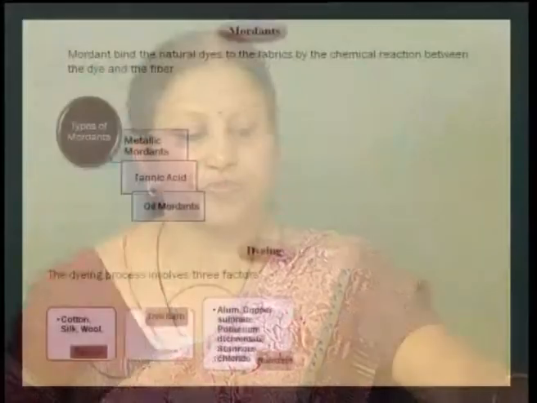Now, time and again I have mentioned that the use of copper and chromium should be minimal, and if one can avoid it, it is even better. But many a time we need shade variation, and from the same dye extract it is possible to get different shades by altering these mordants.